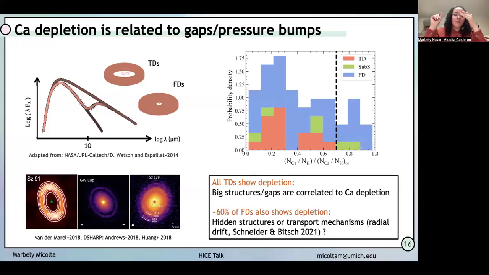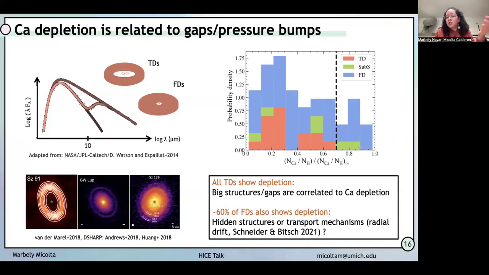It was a very good check when we were seeing the results, because if you have a transitional disk, you have a gap, you have a pressure bump, you have dust trapping, so it makes sense. But we found a lot of full disks that are also depleted. Again, this could be hidden substructures that we cannot see.